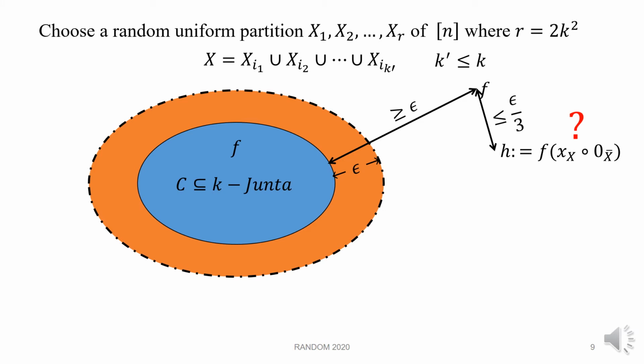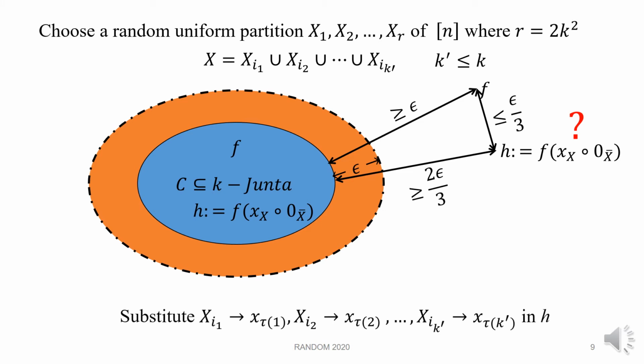Let us for now assume that the function h is epsilon over 3 close to f with respect to the distribution d. If f is in C, then since C is closed under 0 projection, h is also in C. If f is epsilon far from C, then since h is epsilon over 3 close to f, we have that h is 2 epsilon over 3 far from C.